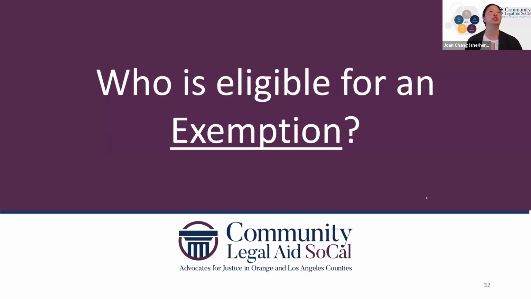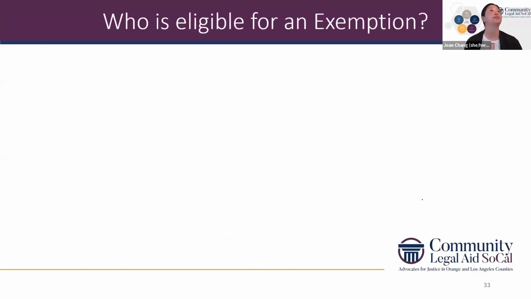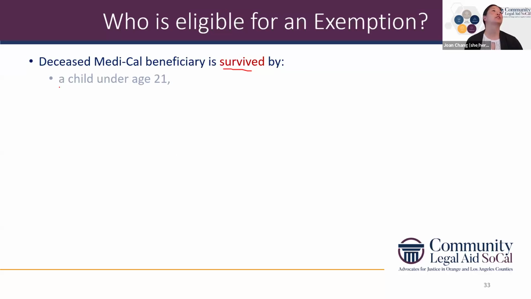Who is eligible for an exemption? Let's talk about exemptions in Medi-Cal Estate Recovery. If a deceased Medi-Cal beneficiary is survived by any of these folks, then they can file for an exemption. If they're survived by a child under the age of 21, so it's not necessarily a minor.